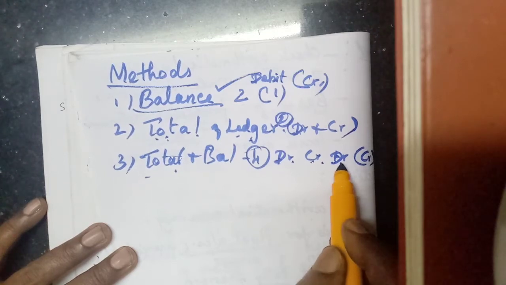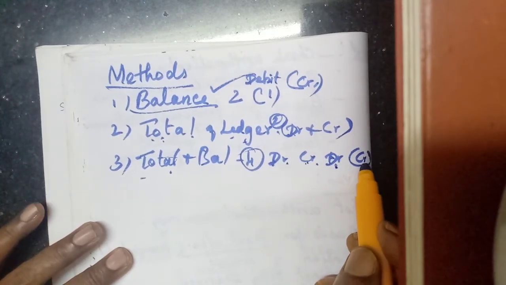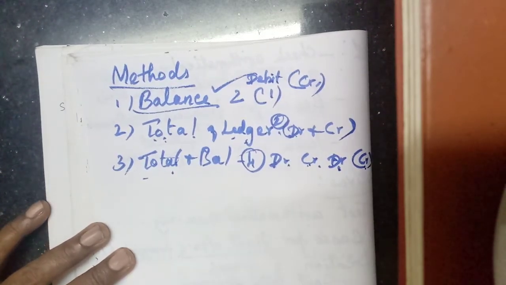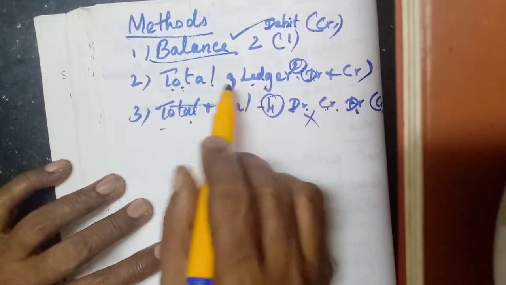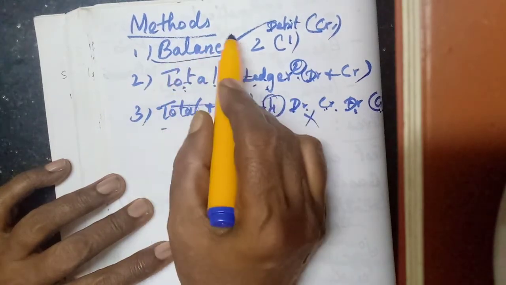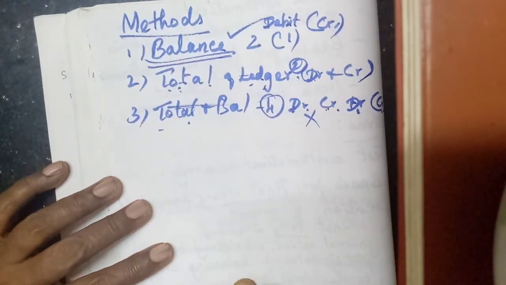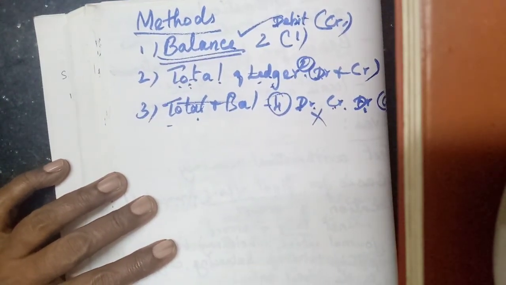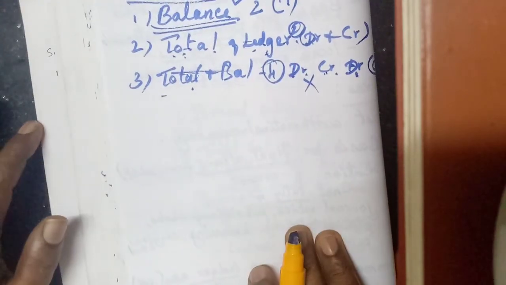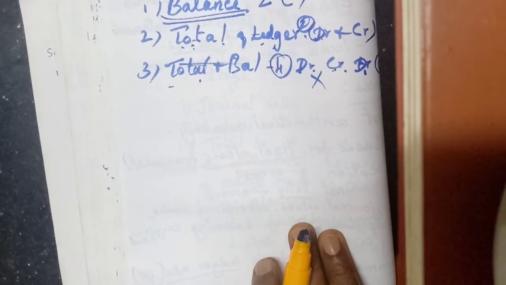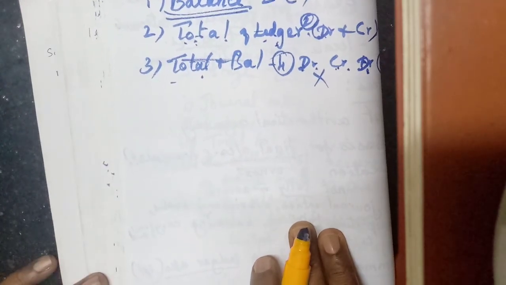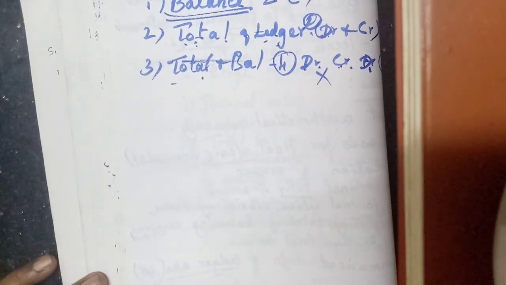If it is a debit balance we will enter it in the debit column, but if it is a credit side balance, we will write it in the credit column. But this one is not in practice. This one only, the balance method, we are going to follow. You have to read, then I will explain what items will be on the debit side and what items should be entered on the credit side. Then we can do the problem. Okay students, thank you very much.